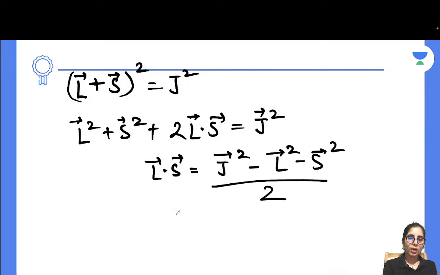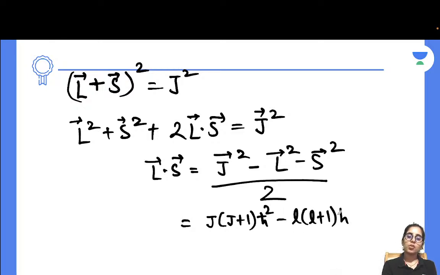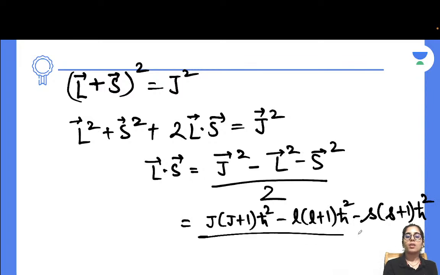What about J square? That's going to be J into J plus 1, H square, minus L into L plus 1, H square, minus S into S plus 1, H square, divided by 2.